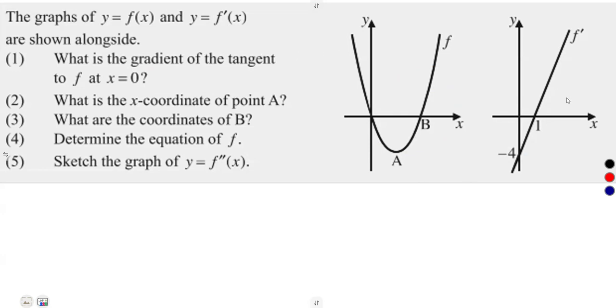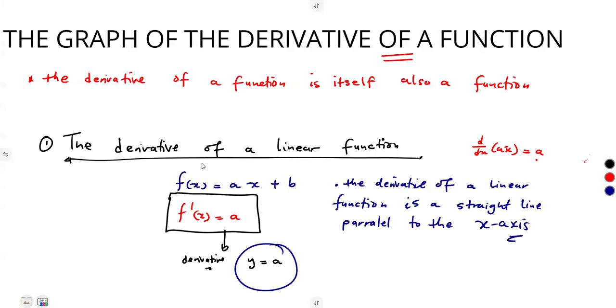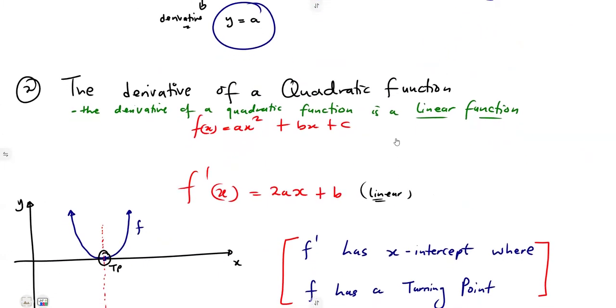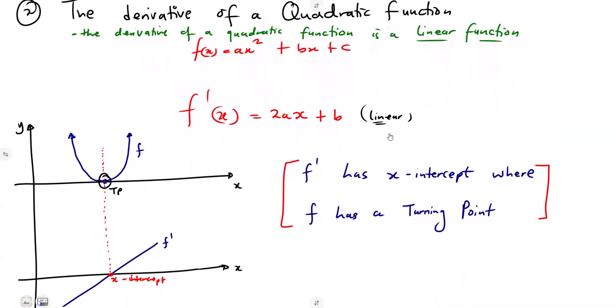So for proper understanding, when f of x is given is a quadratic, as we can see, we are dealing with what? A quadratic. Its derivative is what? Is a linear, exactly what we had from this presentation, that a quadratic will give us what? A linear.